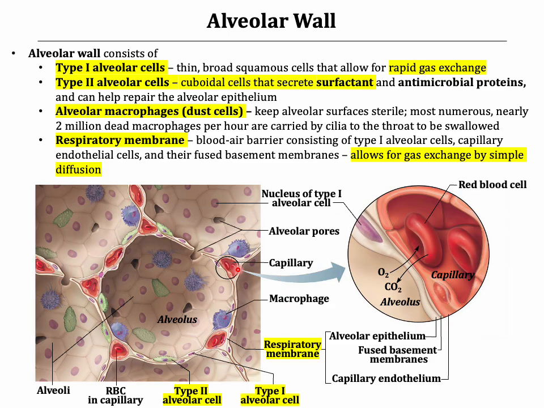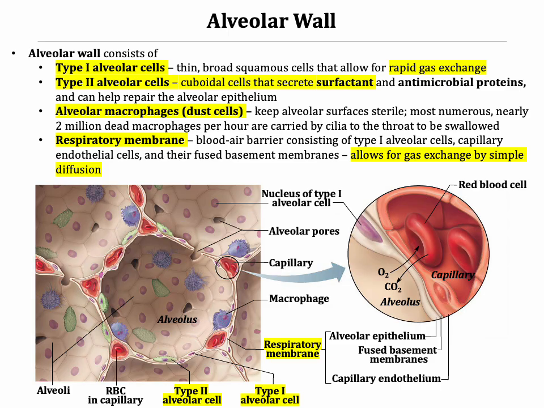There's also alveolar macrophages, or dust cells. So these are being shown as kind of purpley blue color here. Well, they're macrophages, so very good at engulfing debris or engulfing anything that gets down to the alveoli, keeping this environment very sterile and clean. And these are very numerous, right?